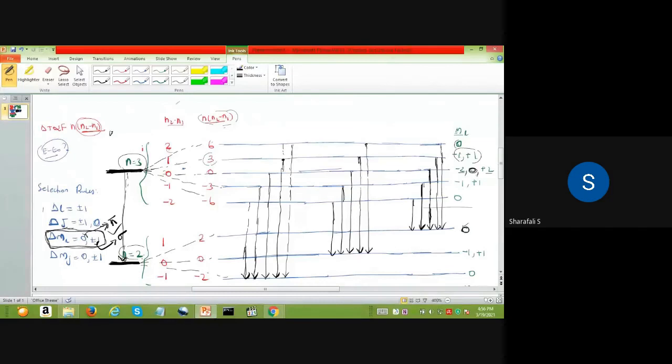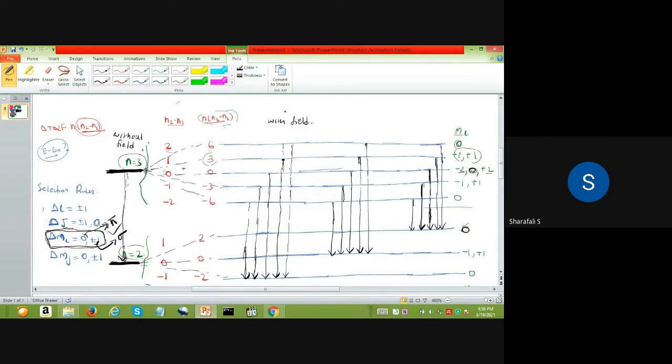So this is the case without field. You can also write it like this. This is the case without field, meaning without electric field, and this is with electric field.